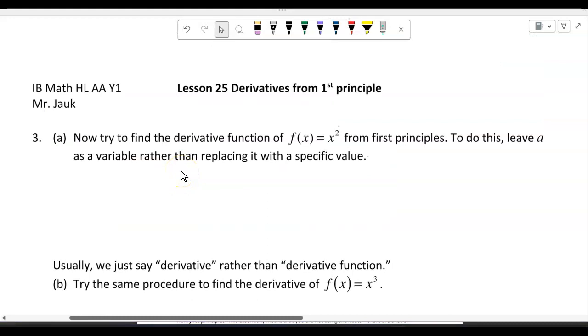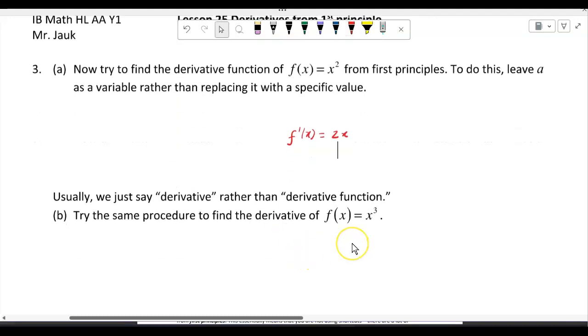If you do the first principles over here, your derivative will come to 2x plus 4. If you do this procedure, you'll get your derivative. Do we remember this pattern?